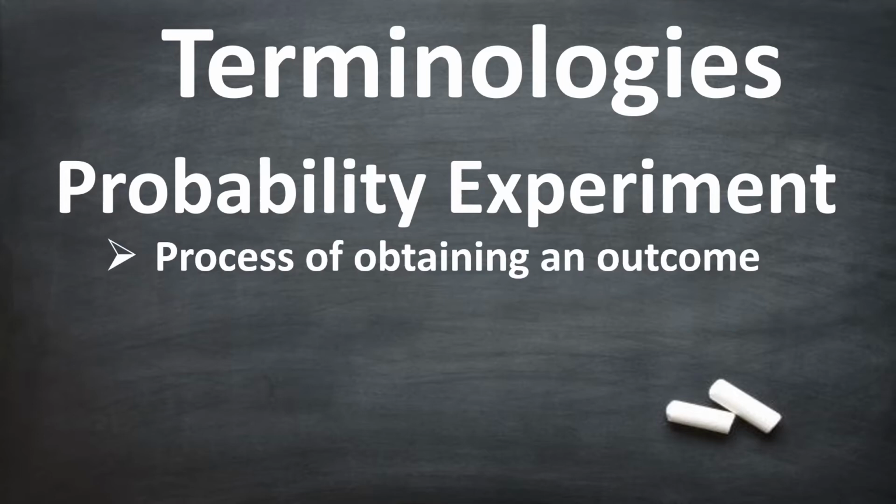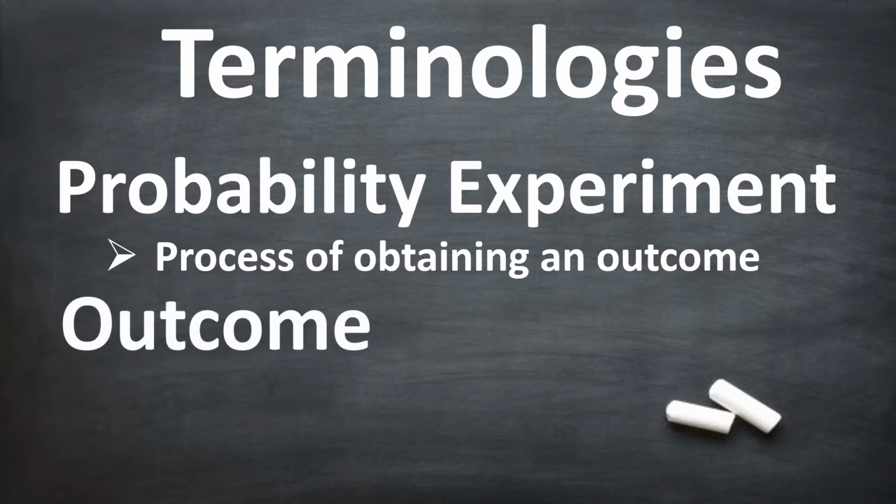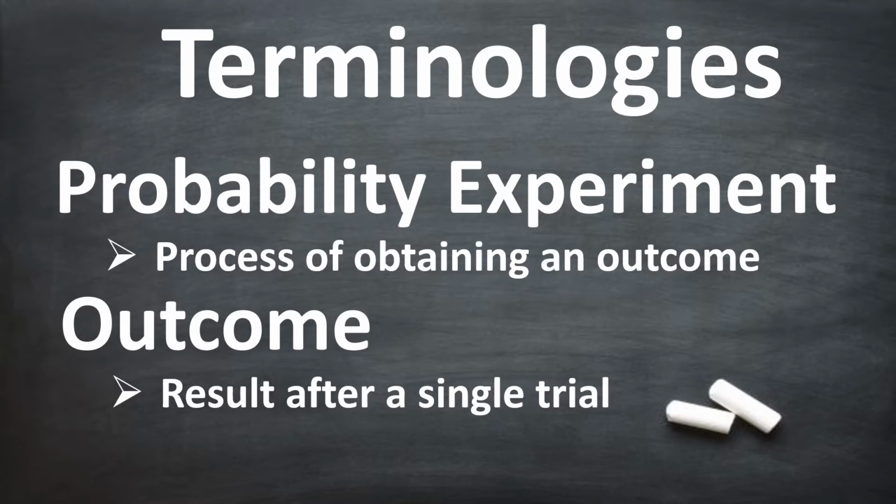This is the process of obtaining an outcome wherein you do certain steps, and then after doing these steps, in conclusion, we will have the answer. Next is outcome. These are the result after a single trial or after doing an experiment.